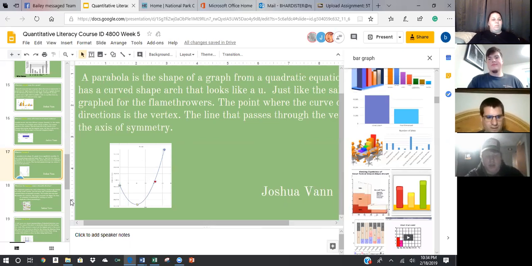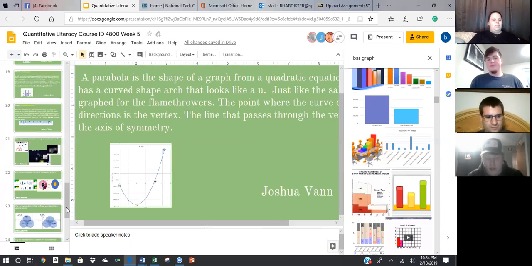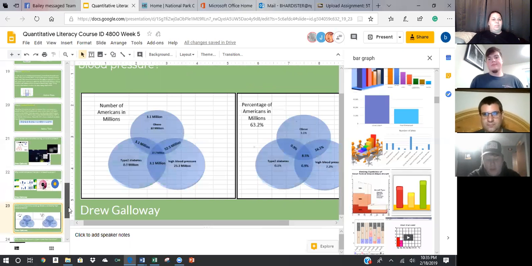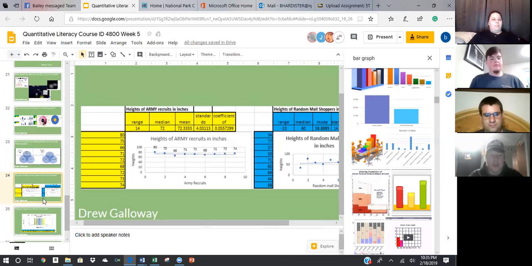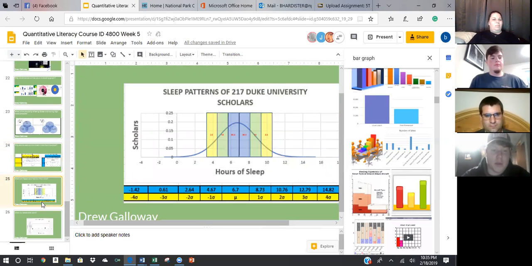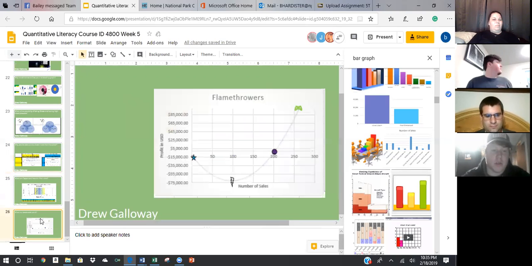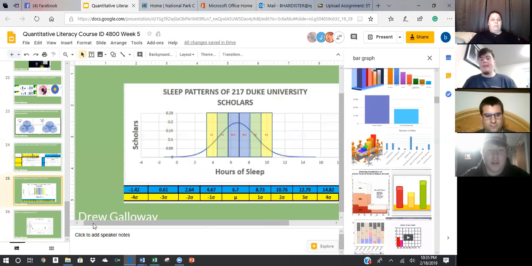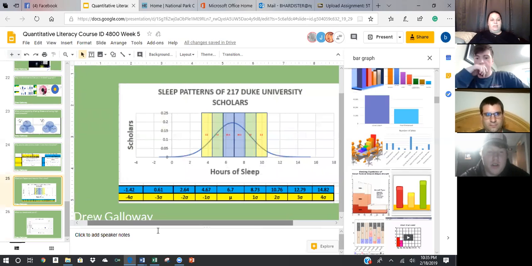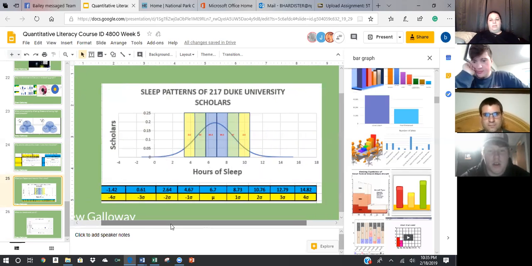So a z-score is the number of standard deviations from the mean. If you look here, we're right at 6.7.